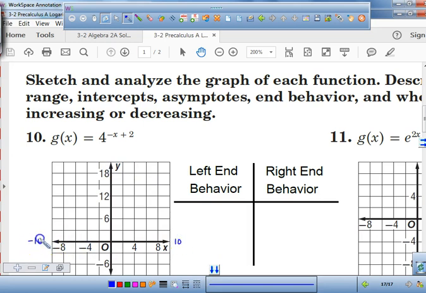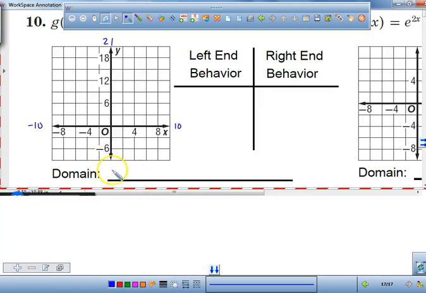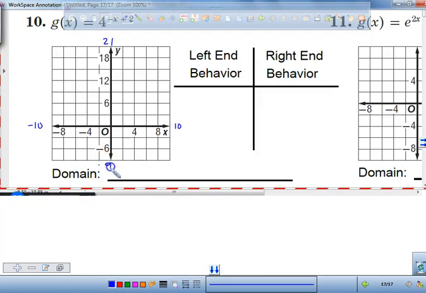Our x minimum is going to be negative 10. Our y max will be 21. Our y minimum is going to be negative 9. Just so you know, our x scale is going to be 2, and our y scale is going to be 3. Why is that? Because these are counting up by 3s and these are counting up by 2s.